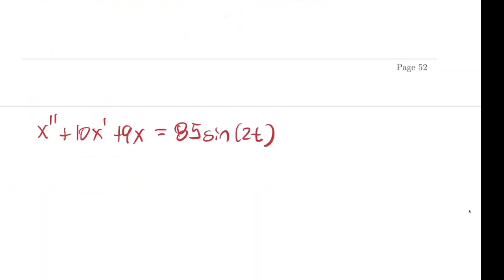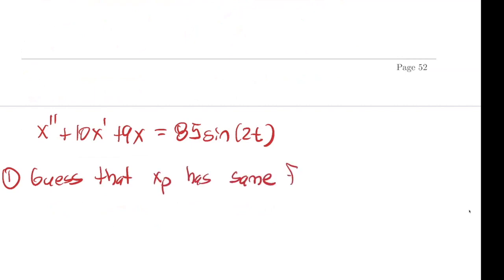So how this method of undetermined coefficients works, again, is step one is you come up with a guess. And again, your guess, generally speaking, is going to be that my particular solution has the same form as the forcing function.